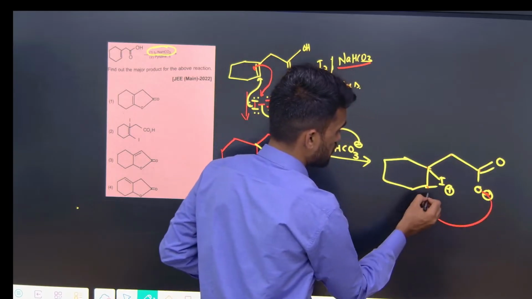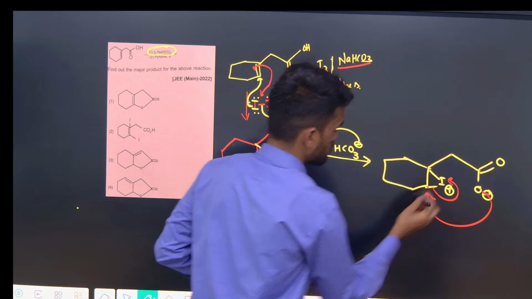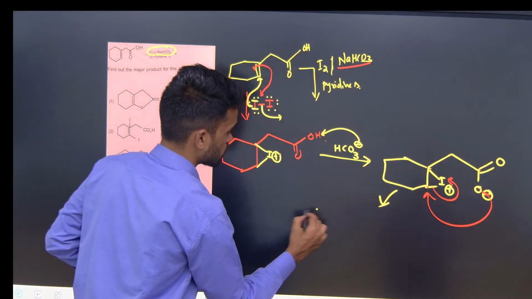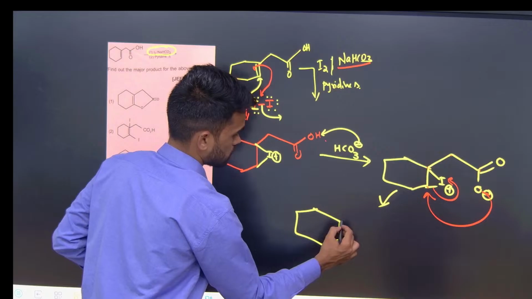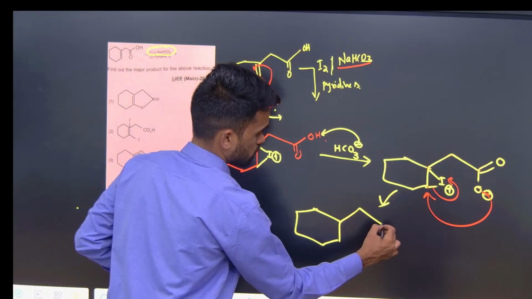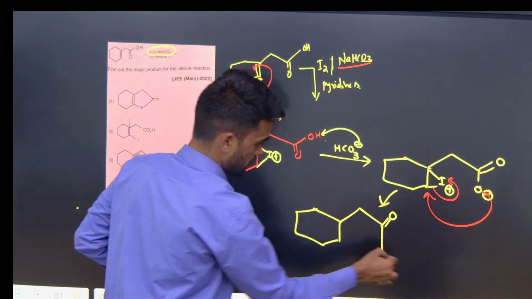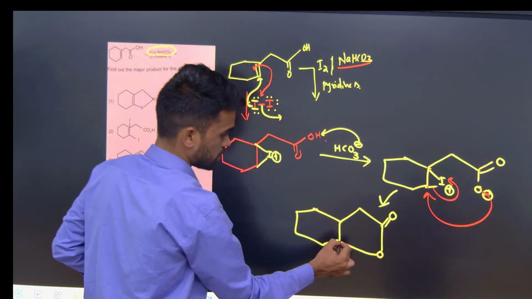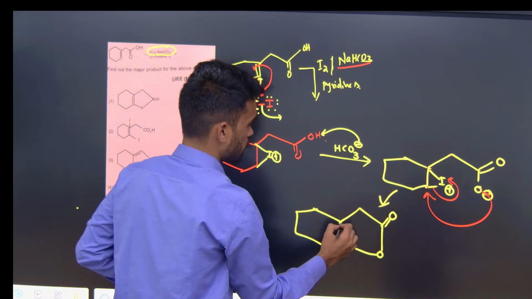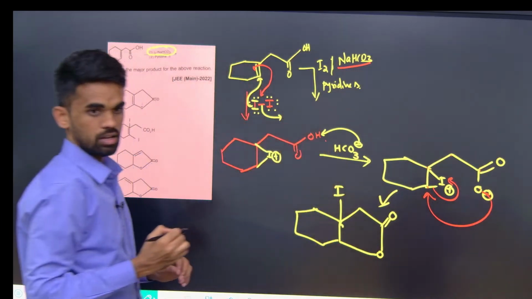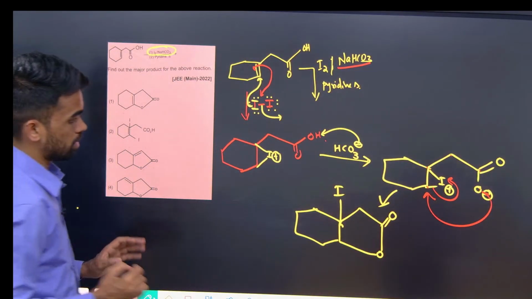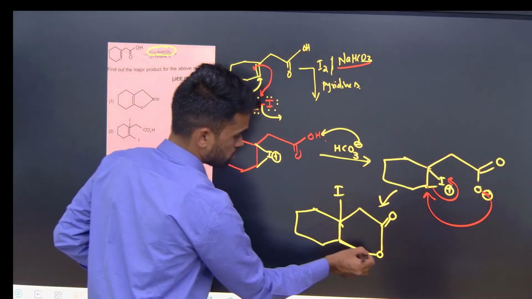So you can add here like this. O attacking here, so O like this. So iodine will be, okay. Up to here it is clear. Yeah, we got a 5-membered ring if you observe.